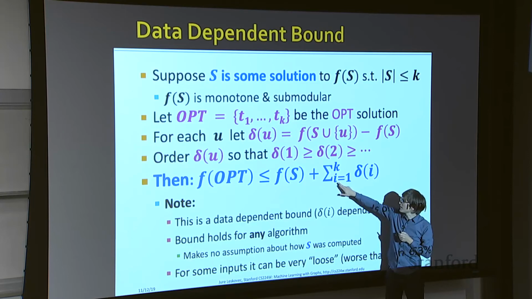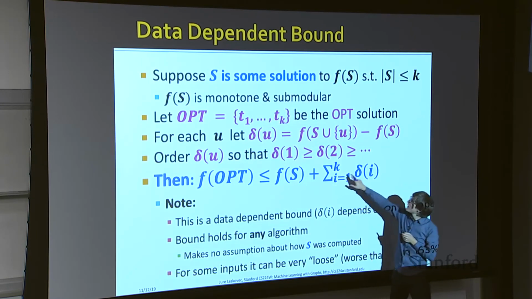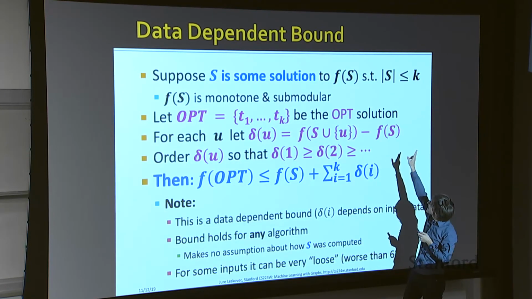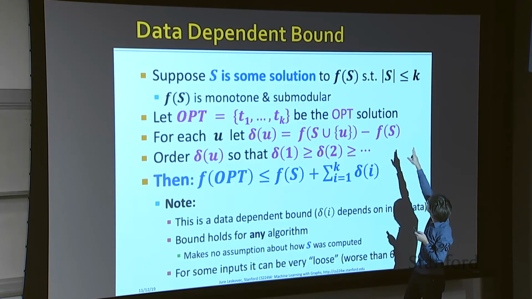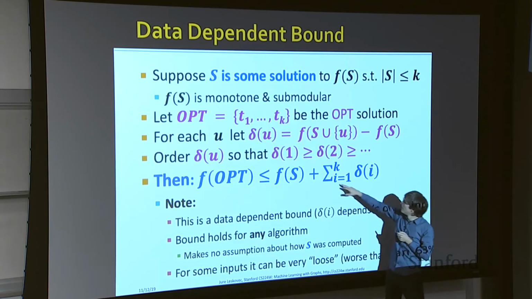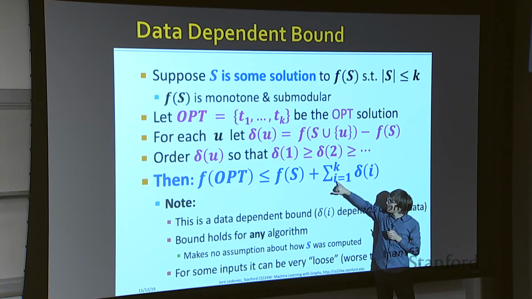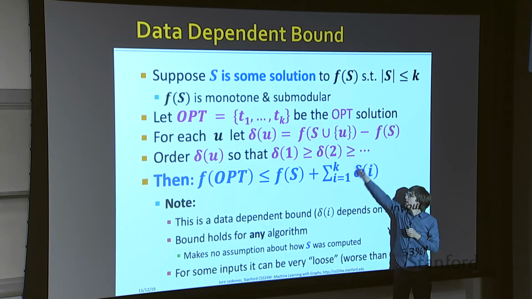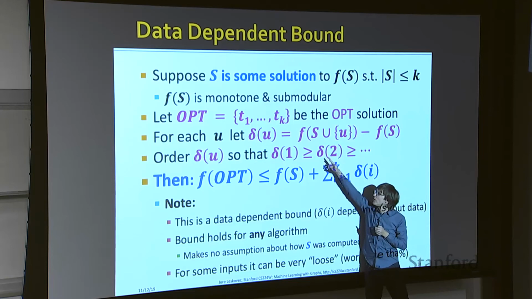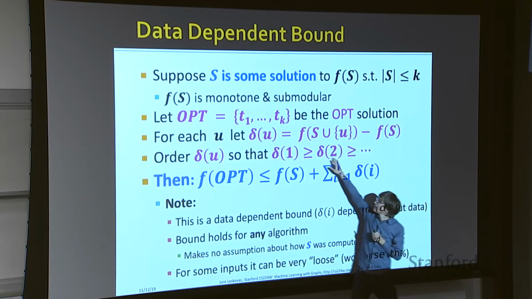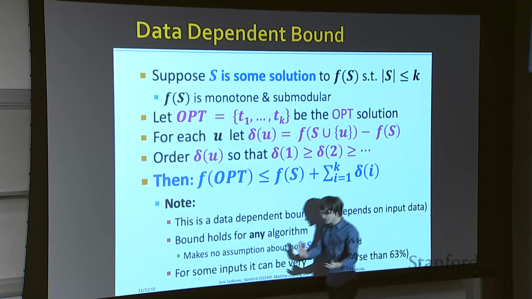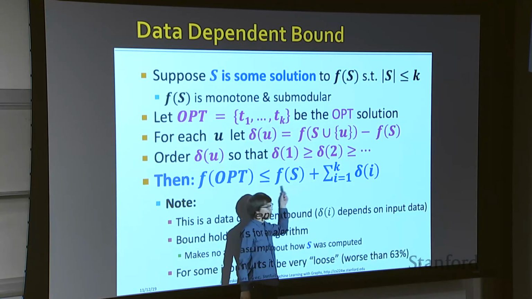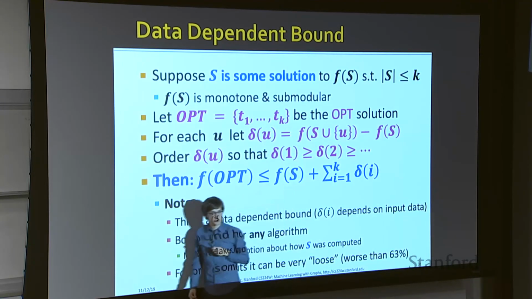So I go from 1 to k, where k is the cardinality of my solution set, and I take the marginal benefits of the nodes U that have the highest marginal benefit. I basically take a sum of the k largest marginal benefits over the solution that I have produced so far.